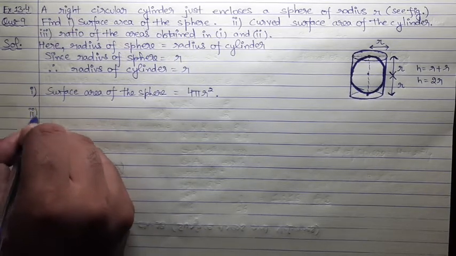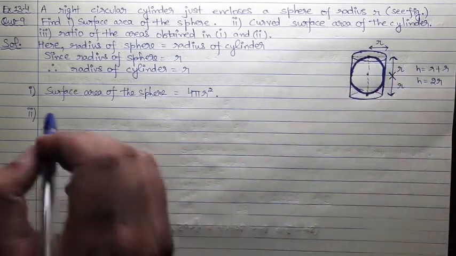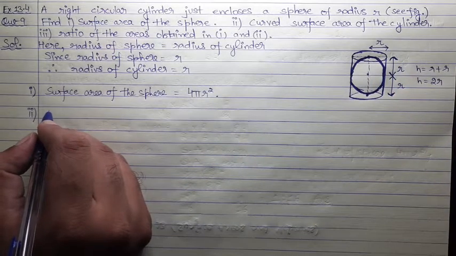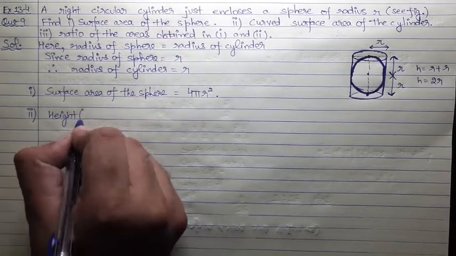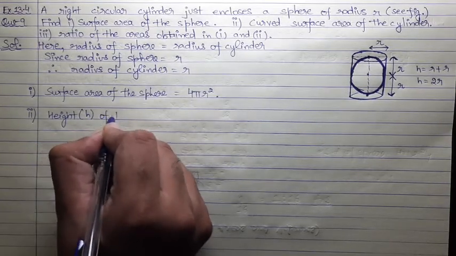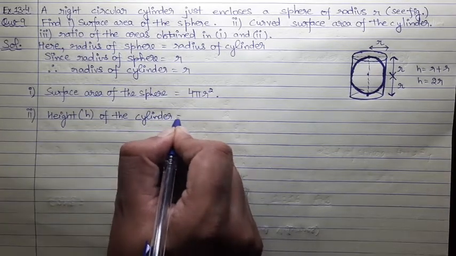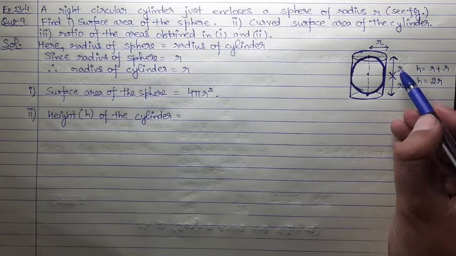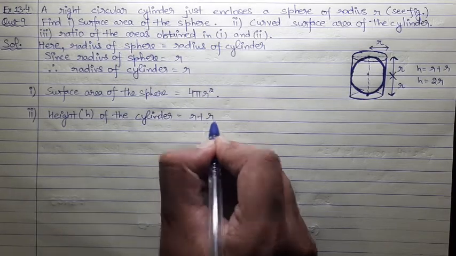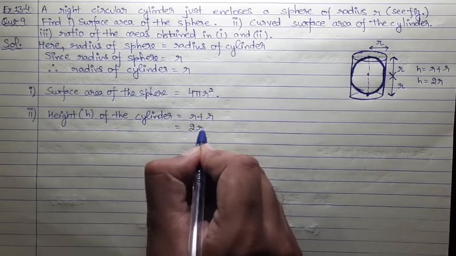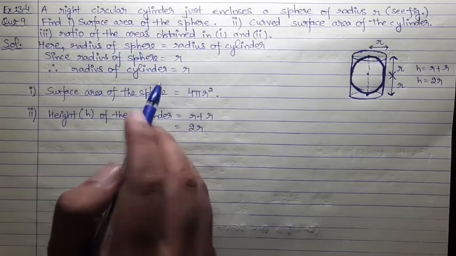For the second part, we have to find the curved surface area of the cylinder. For the curved surface area of the cylinder, we have to find the height, say small h, of the cylinder, which is equal to small r plus small r, which is equal to 2r. And we already know radius of cylinder is small r.